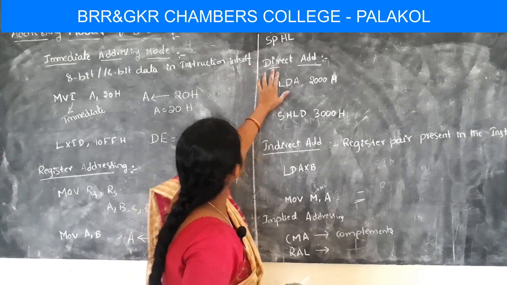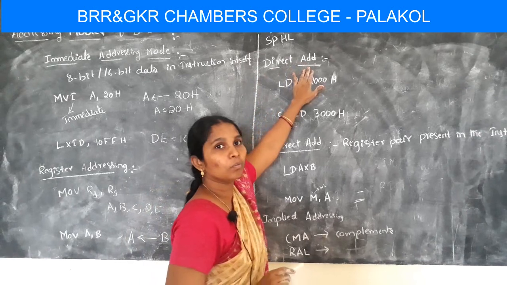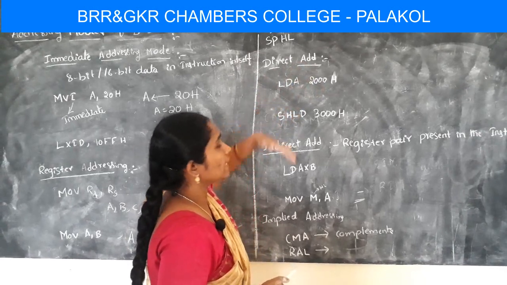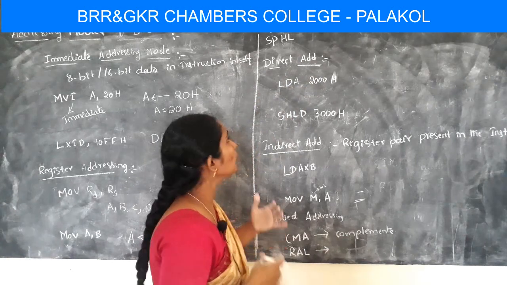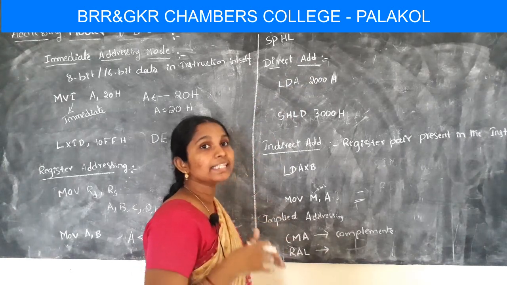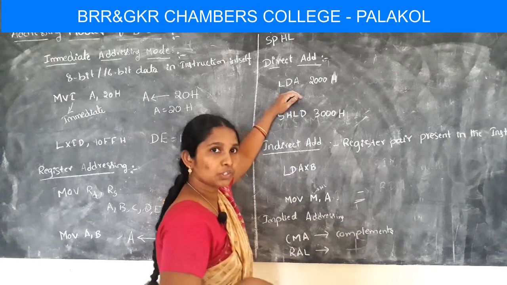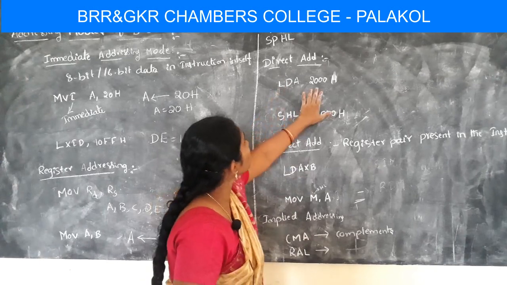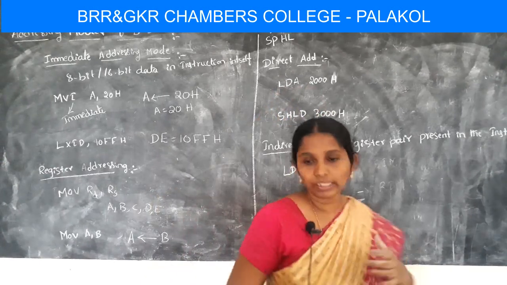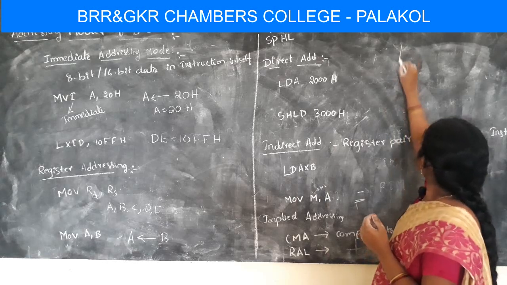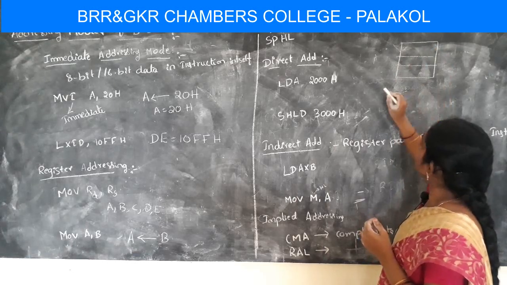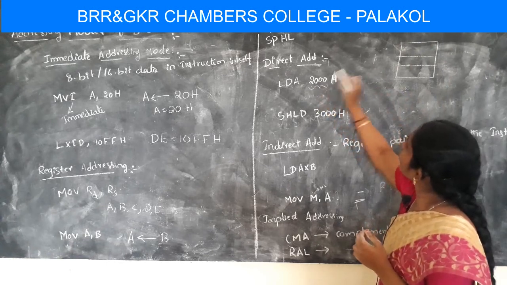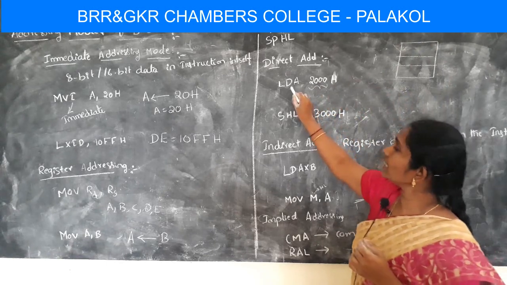After that, direct addressing mode. In the direct addressing mode, we have to store the address directly in the instruction. Here a memory location is directly mentioned in the instruction.